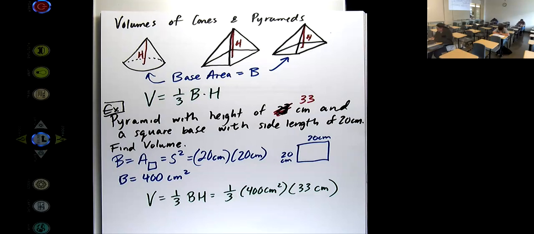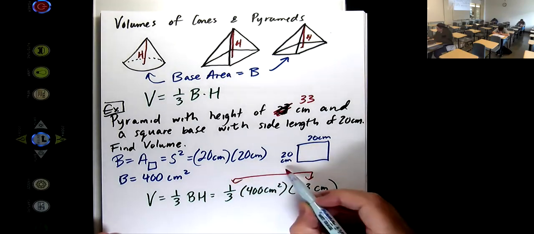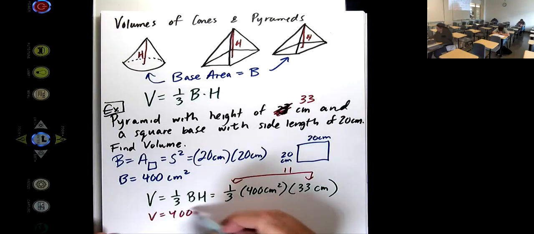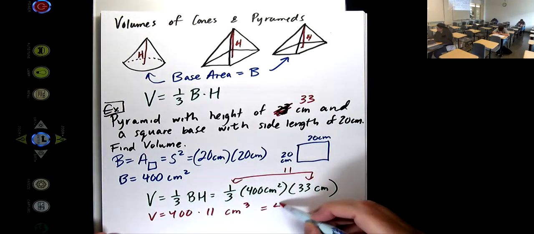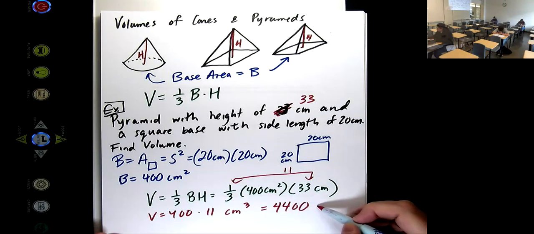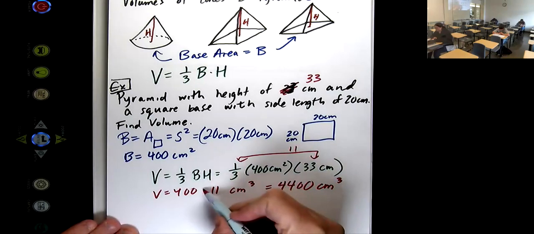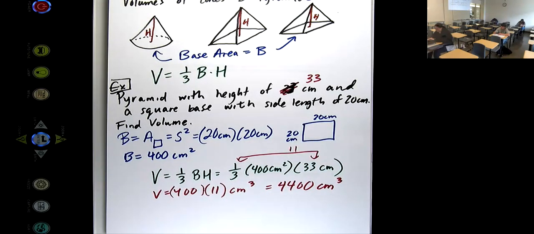The 33 and the one-third, these two combined, they multiply together to make 11. So I've got 400 times 11 centimeters cubed, which is 4,400 cubic centimeters. And if you put it in a calculator, you should get that, unless I'm doing something wrong.